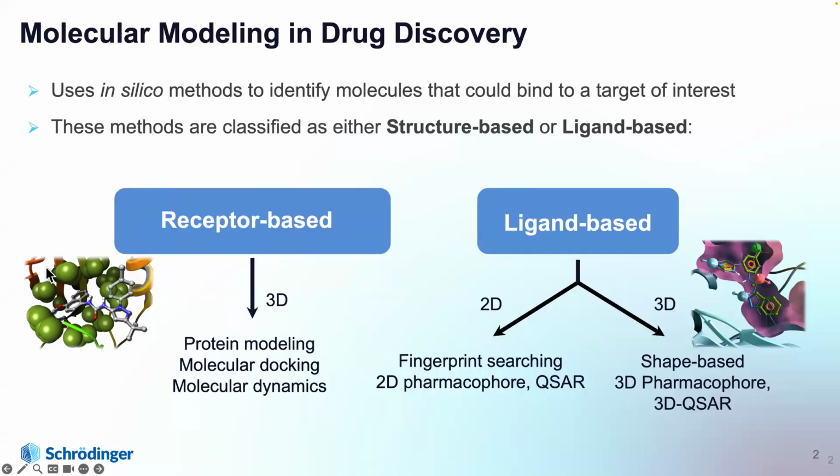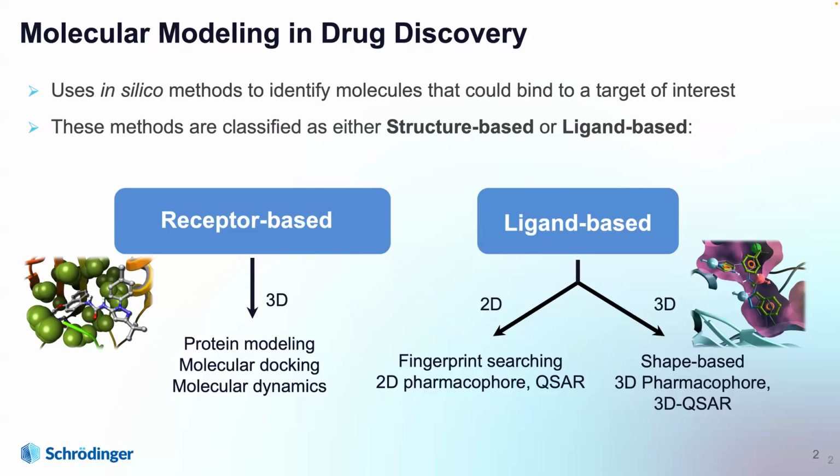If I know the structure, then I can dock my molecule. I know the binding pocket, I can place my molecule in the binding pocket, do molecular docking and then go for molecular dynamics simulation. Those are called receptor-based approaches because we know the 3D structure of the receptor or the protein.